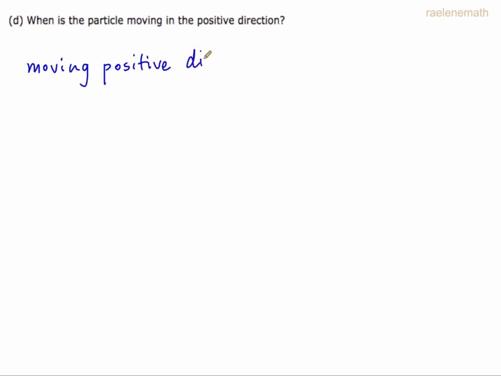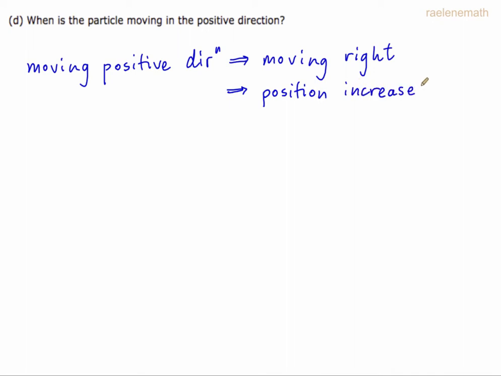Positive direction implies moving to the right. And we want to change these words into something to do with position, velocity, or acceleration. And moving to the right means that the position, the horizontal position, increases. And if the horizontal position is increasing, then the velocity is positive.